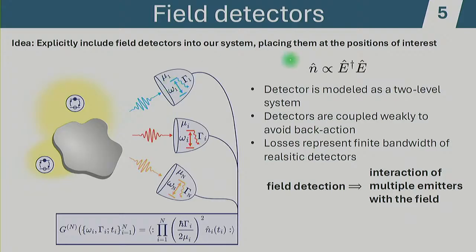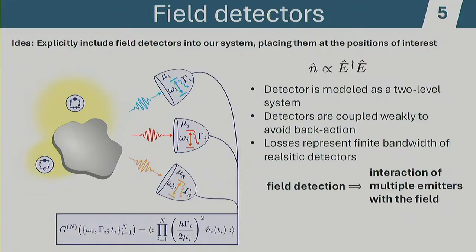It basically means that these two-level systems count photons in their respective positions. The important thing here is that they should be weakly coupled, so they don't introduce any back action to our original system, and they only probe the system without affecting it.